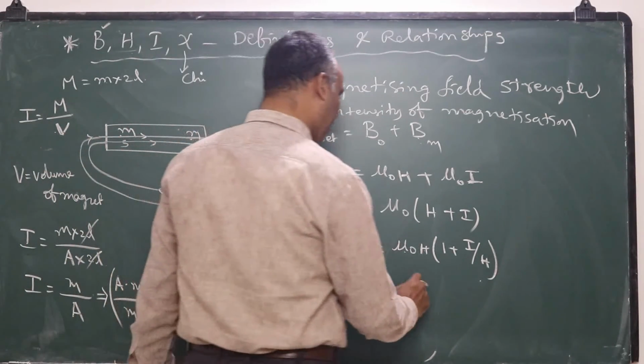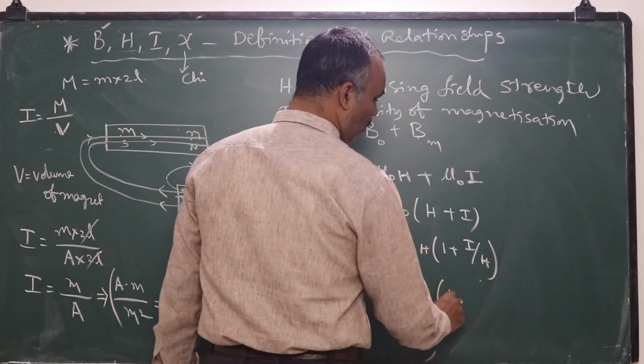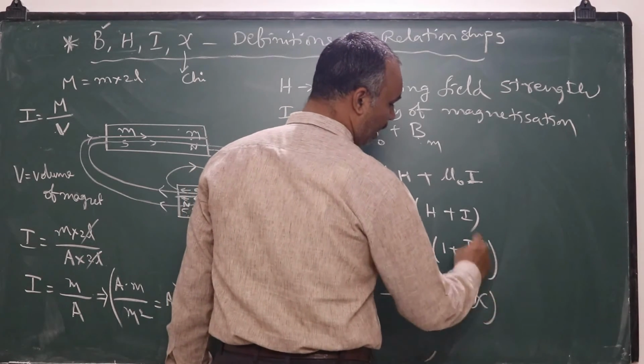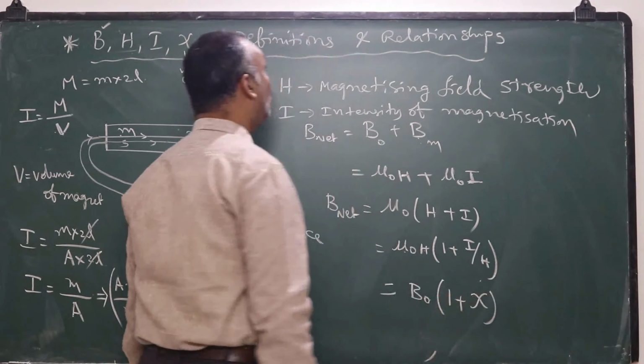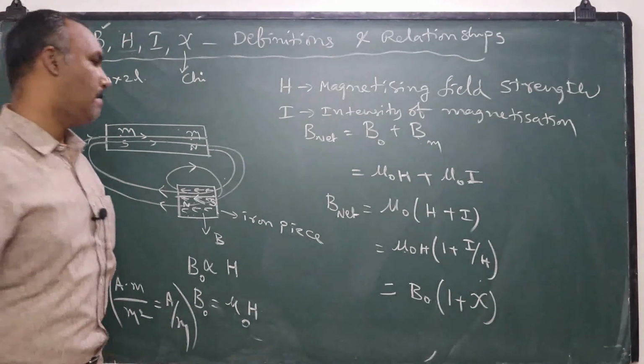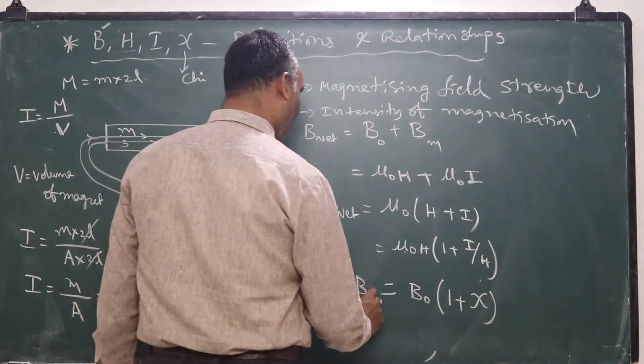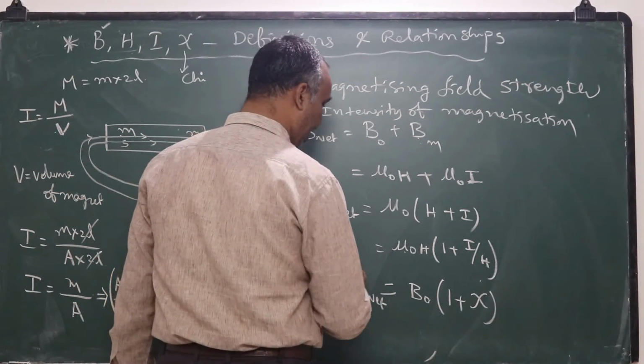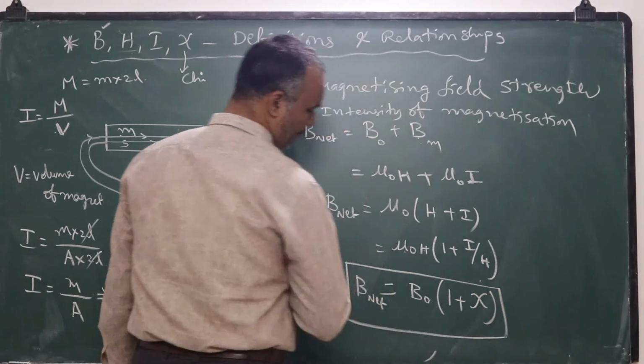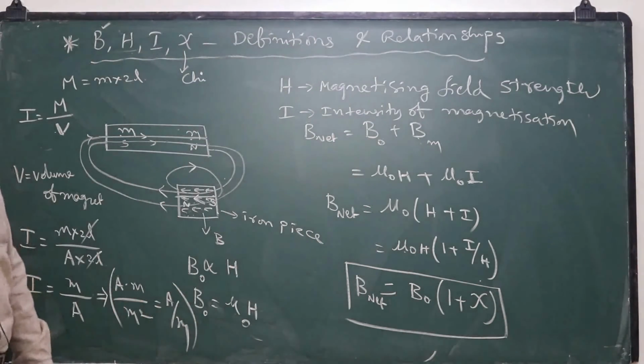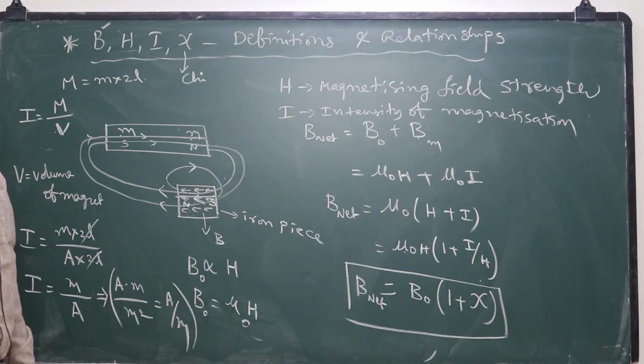So it is B naught into 1 plus I by H. I replace I by H with a new word called chi. Net magnetic field induction inside any iron piece is given by B naught into 1 plus chi.